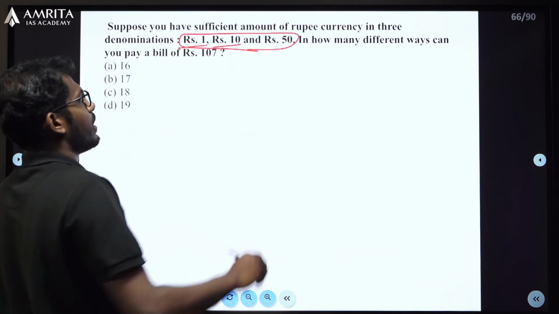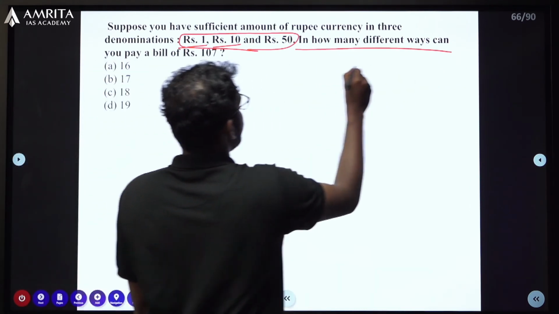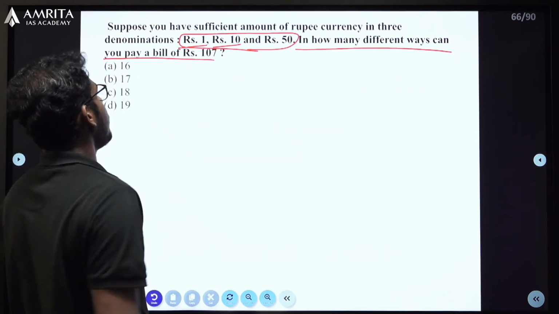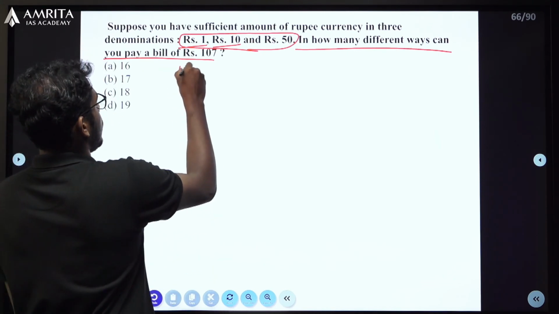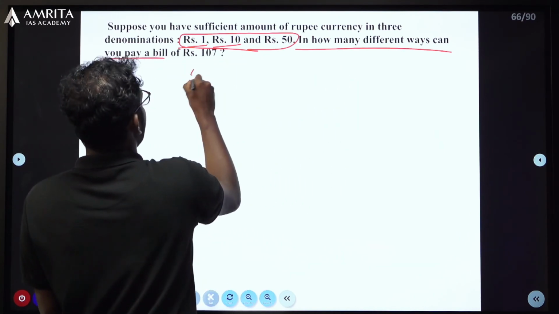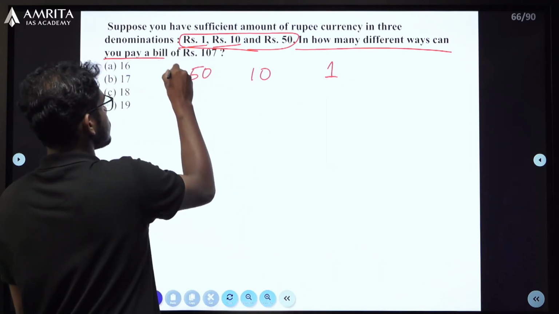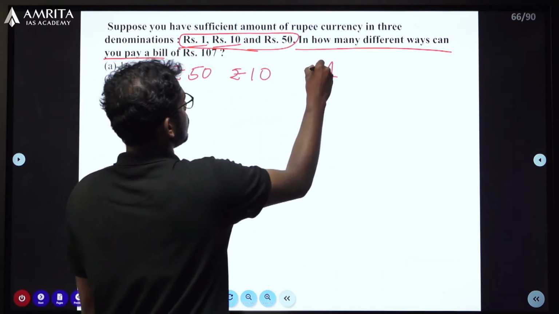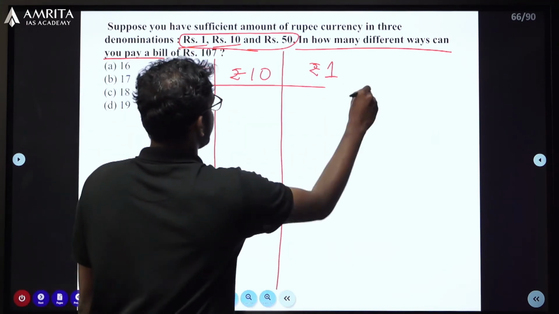1, 10 and 50. In how many different ways can you pay a bill of 107? So 100, 10, 50, 10 and rupee 1. Okay.